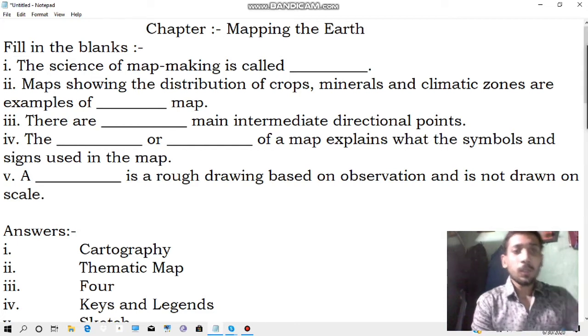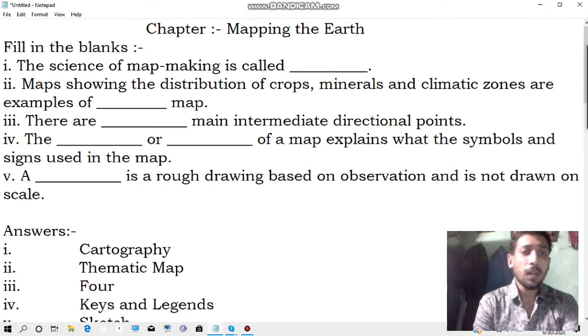The first one: the science of map making is called cartography. The maps showing the distribution of crops, minerals, and climatic zones are the example of thematic map. Thereafter, in number three, there are main intermediate directional points. How many intermediate directional points do we have?